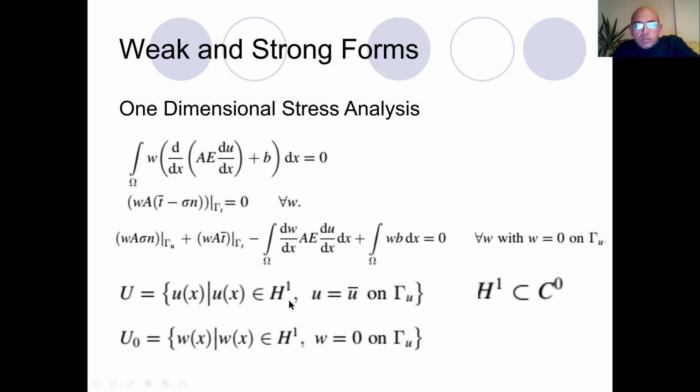Now, here we define u of x on a function space U. So u of x is a member of the Hilbert space with u equal to u bar on gamma U, and this Hilbert space is a subspace of C0. So remember that C0 is the space of functions where the values are continuous, but the derivatives may be discontinuous.